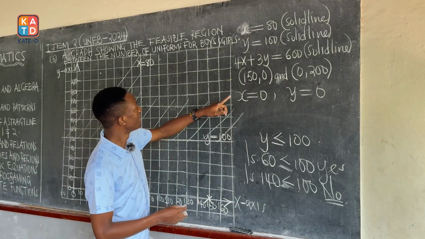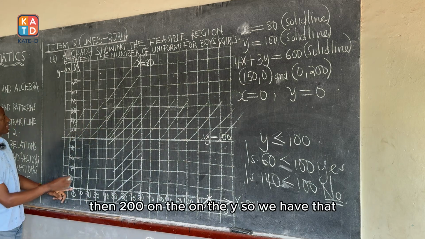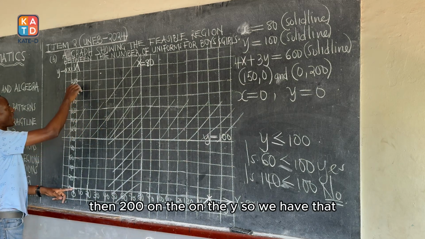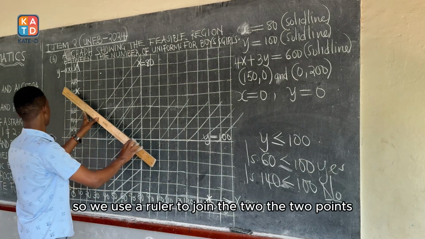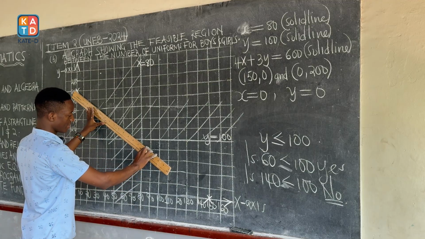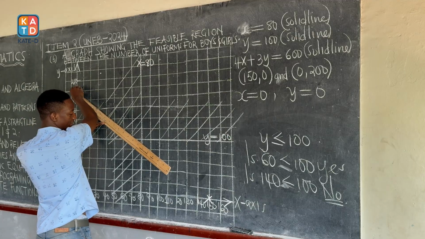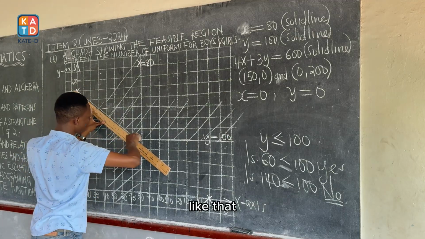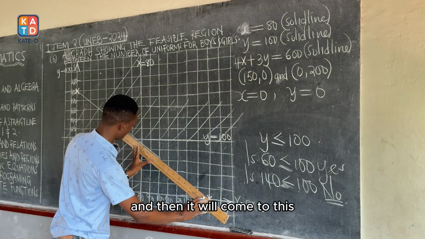Then we have 0, 200: 0 on the x, then 200 on the y. So we have that. We use a ruler to join the two points. So we shall have this like that. And then it will come to this.